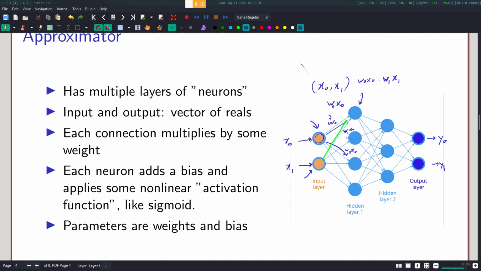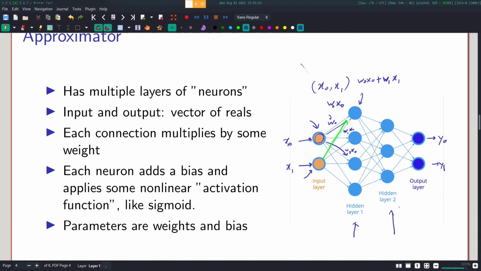What's going to happen there is that we're going to add up all of these values. So what you end up doing is computing a weighted sum of the values from the previous layer. Each one of these lines of neurons is a layer, right? Layers are arranged in this way, and you have connections from one layer to the next layer.